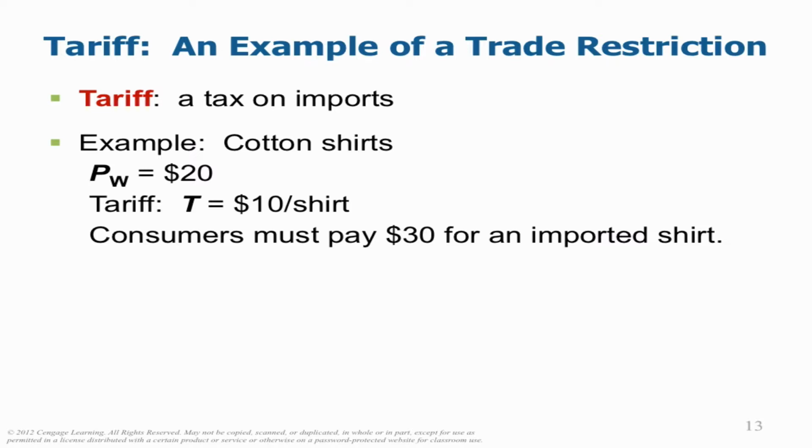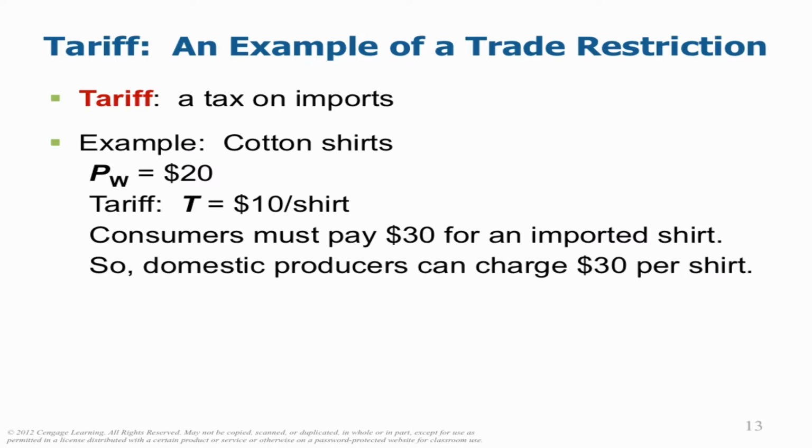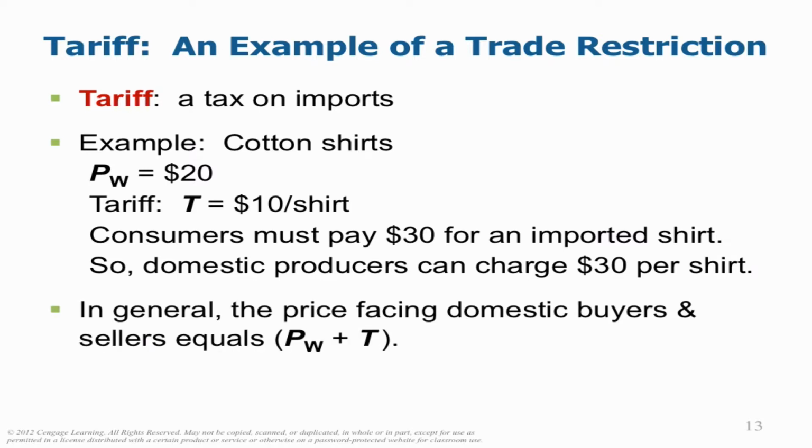So domestic producers of cotton shirts now, to compete on the world market, can sell their shirts for $30 here in the U.S. So the price facing domestic buyers and sellers is the world price plus the tariff. And we still use T for tariff because a tariff is still a tax. There's not a different abbreviation.